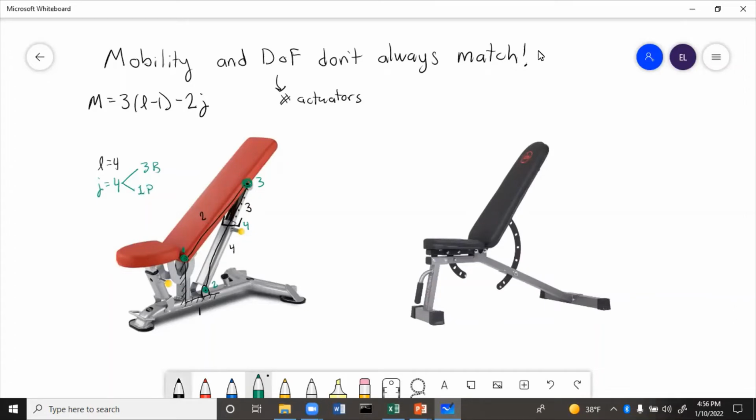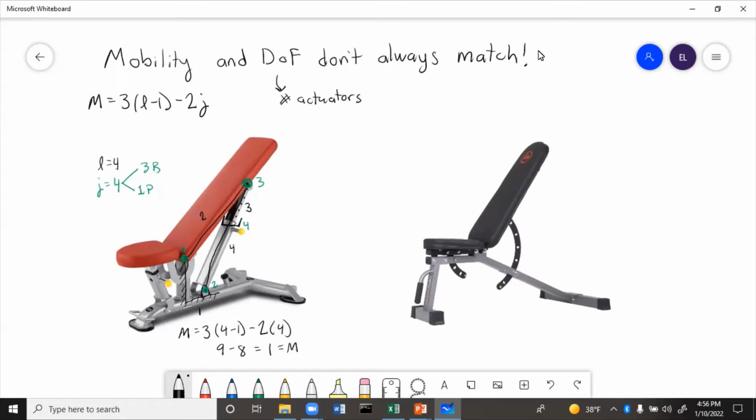So for the mobility for this one, we use the M equation. M equals 3 times (L minus 1), which would be 4 minus 1, minus 2 times J, which is 4. So 9 minus 8 equals 1. So mobility equals 1. Looking at degrees of freedom, that's how many independent things we could control.